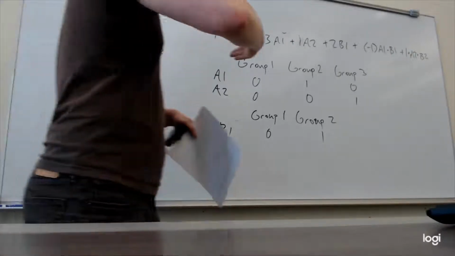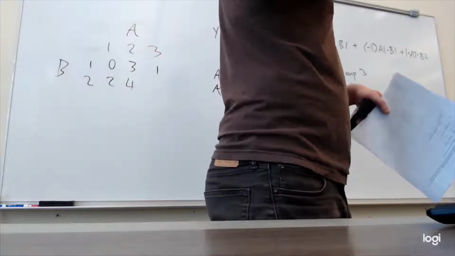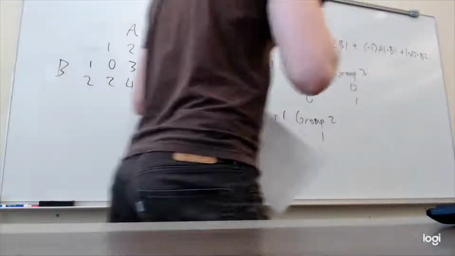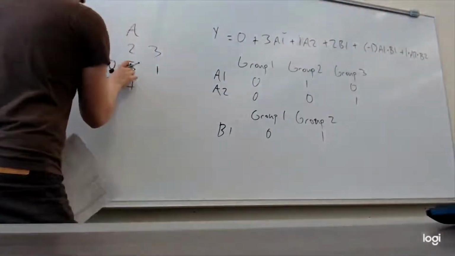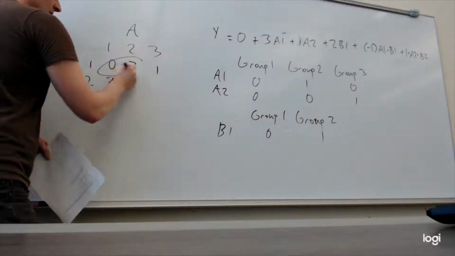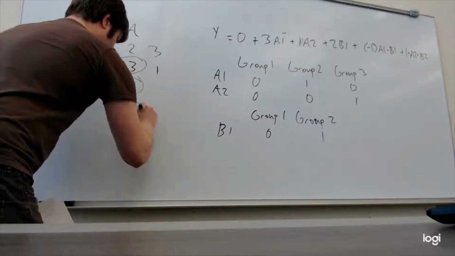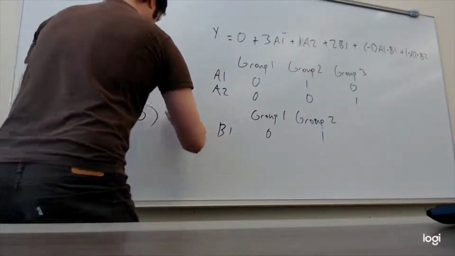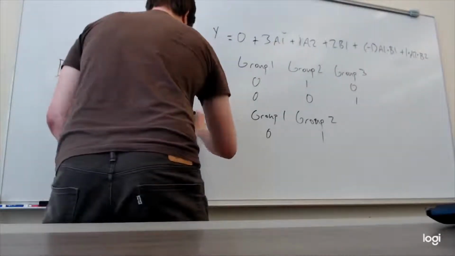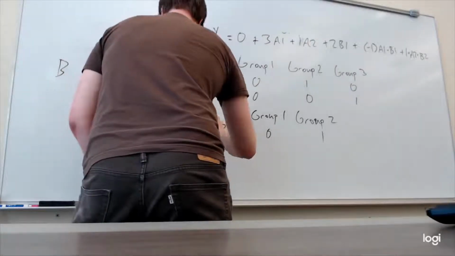So remember, one way to define interactions is that it's a difference of differences, right? So it's like this difference right here minus this difference right here. It's 3 minus 0 minus 4 minus 2.